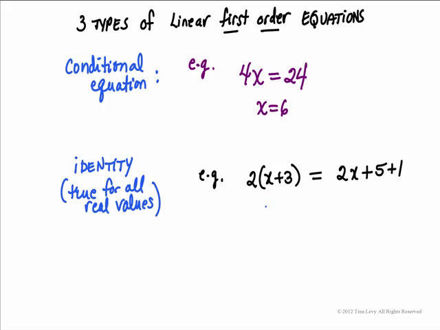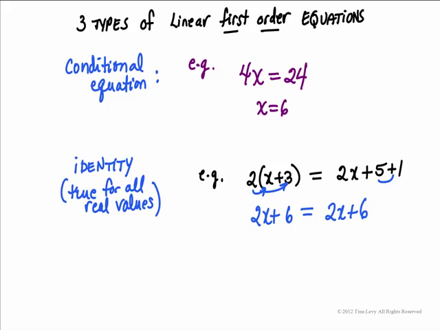This problem is an identity because if I distribute the 2 through here, I get 2x plus 6, and here I have 2x, but 5 and 1 is plus 6. So I have two sides of an equation that are identical. And so it doesn't matter what value for x I substitute. It's always going to be true because the two sides are identical.